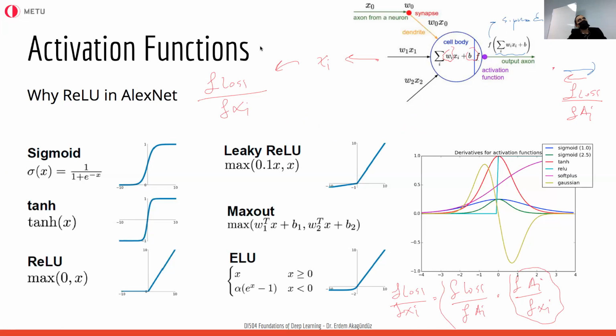If you know the rules of derivation, it is simply the derivative of this function at this value, times the derivative of the inside of the function. What is the derivative of the inside of the function with respect to xi?